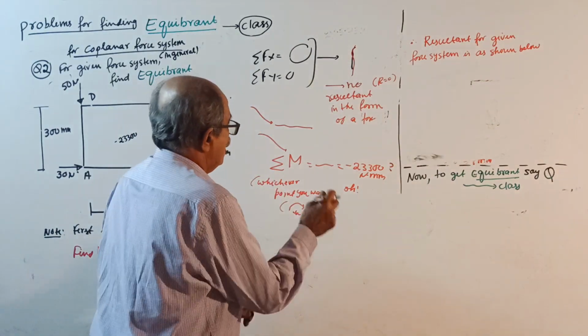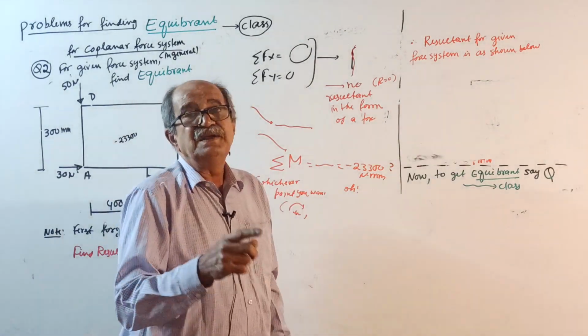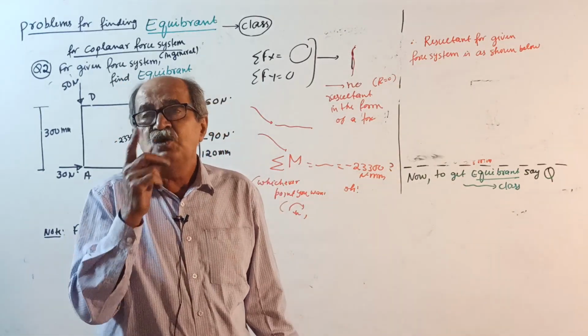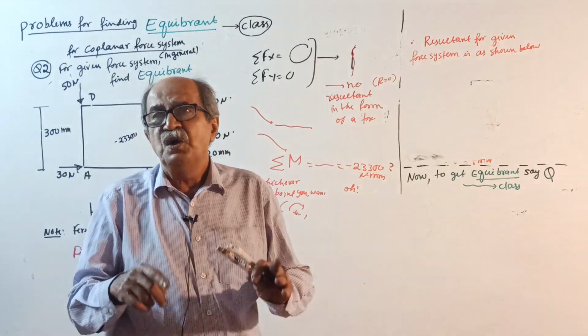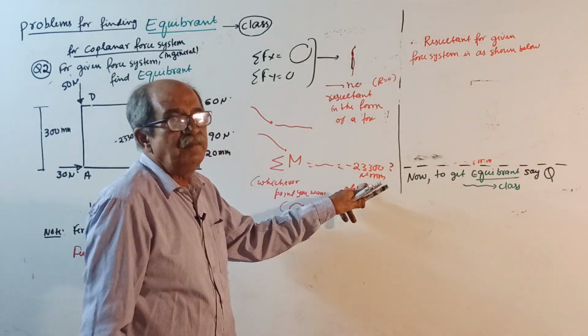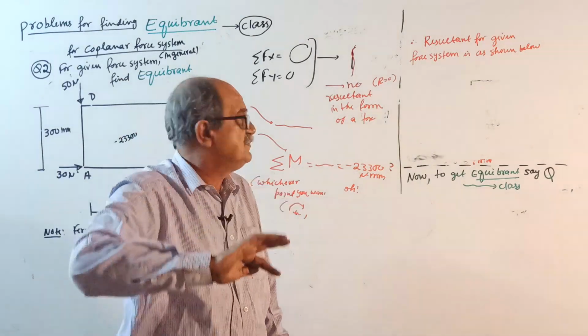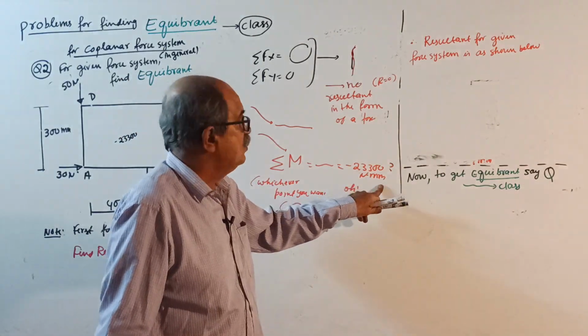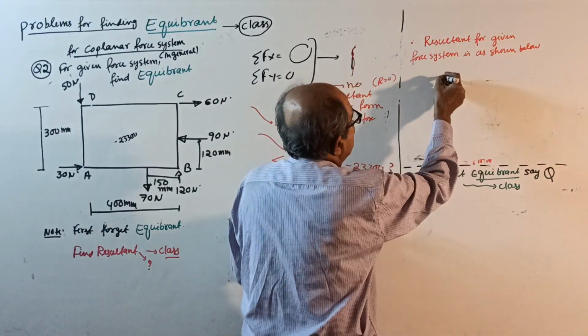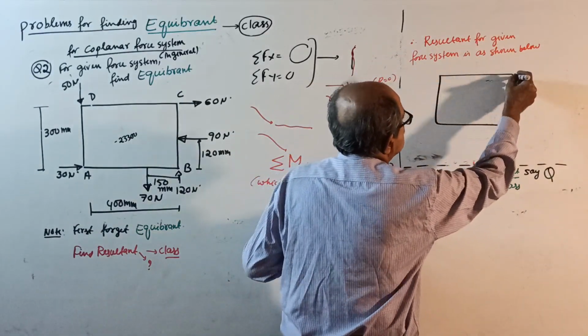Therefore, right here, for the given force system, the resultant exists. The resultant is there, not in the form of a force, but in the form of a couple. Clockwise you took, negative came, means an anti-clockwise couple of 23300 Newton millimeter. Therefore, the resultant for the given force system is as shown below.